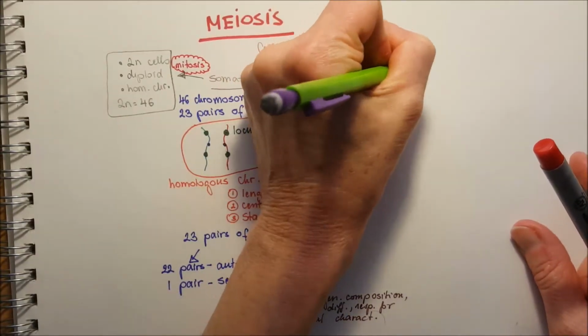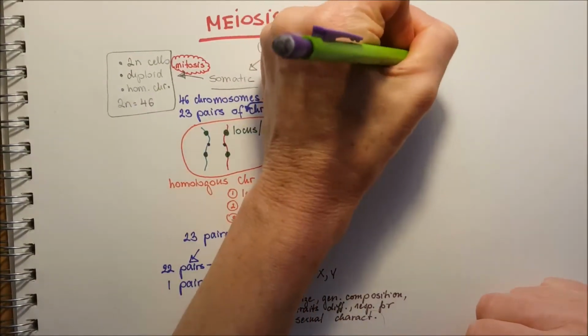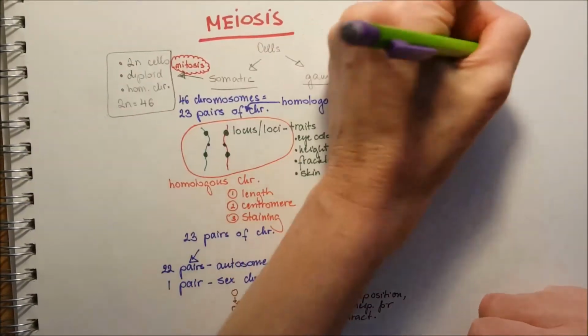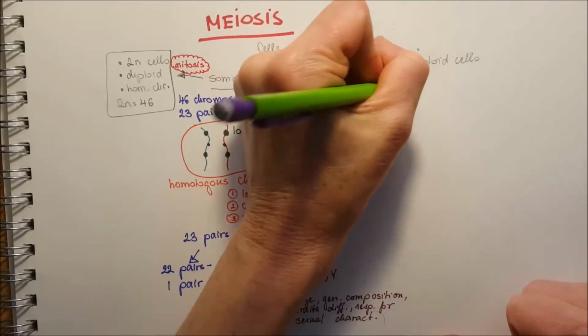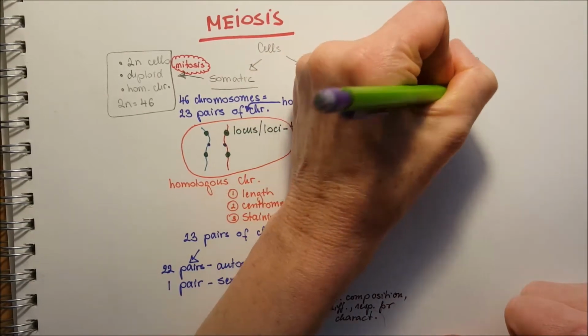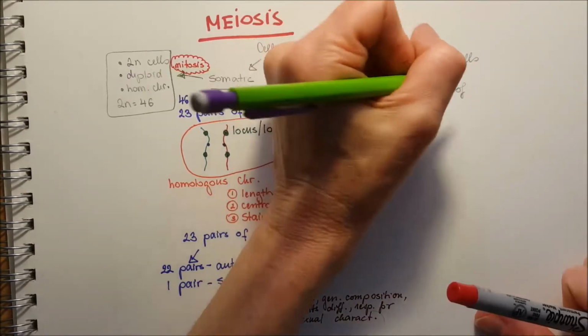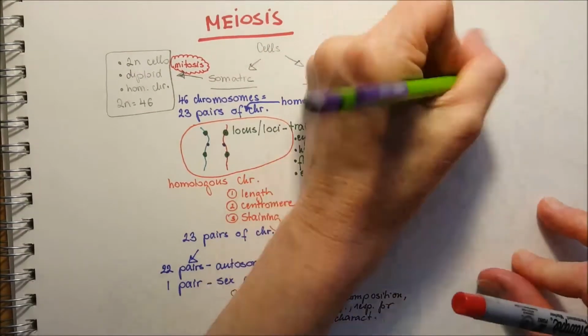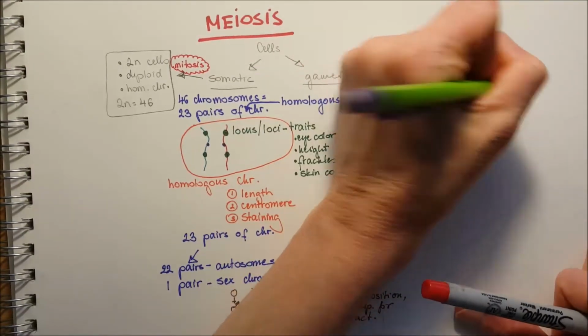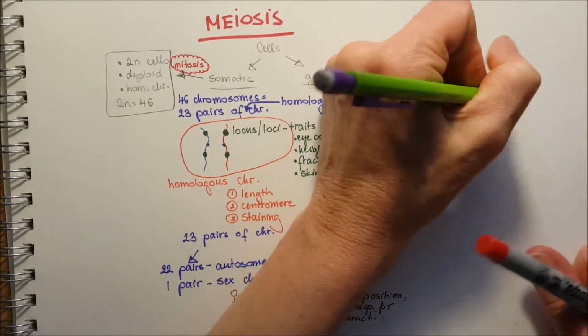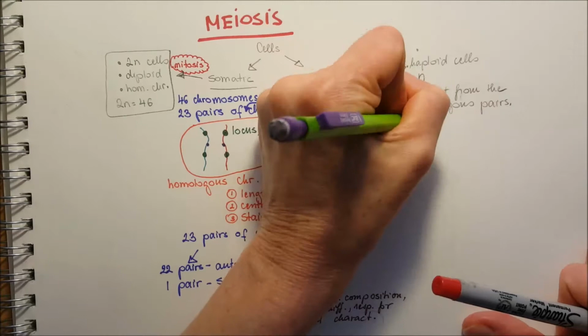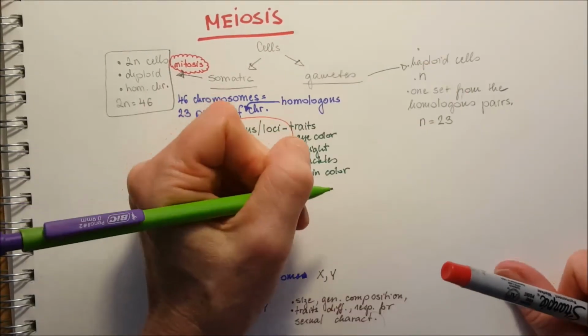On the other hand, the gametes are haploid cells, so we can write an N for that, and they contain one set from the homologous pairs. So N equals 23 at this point.